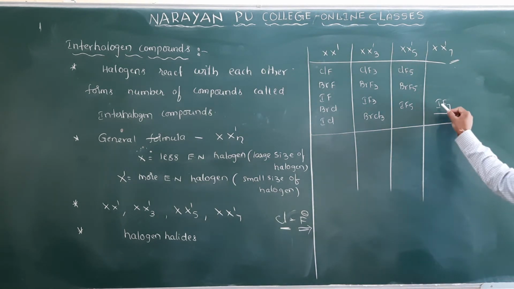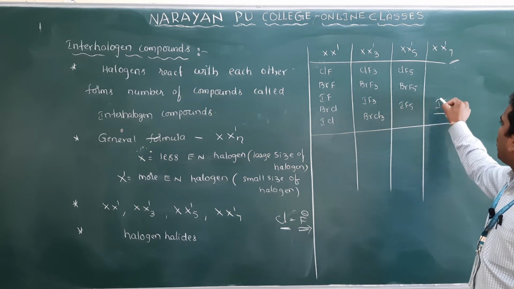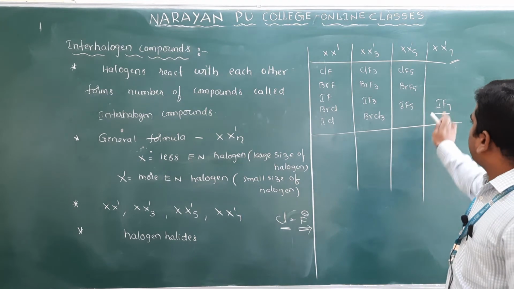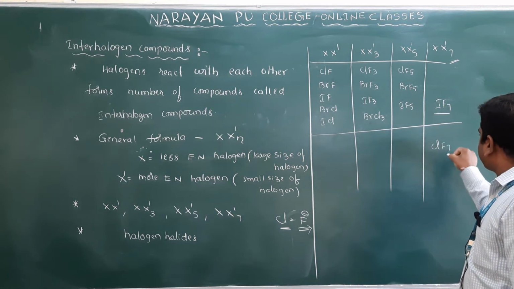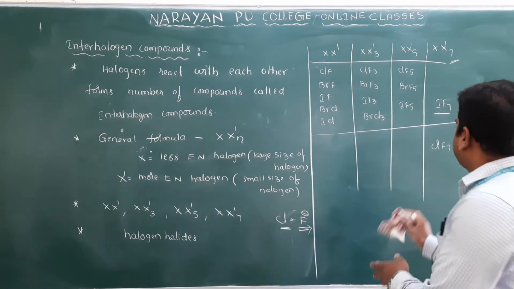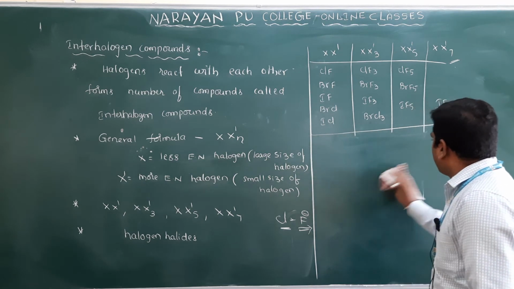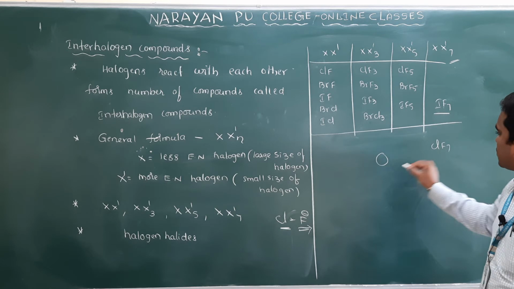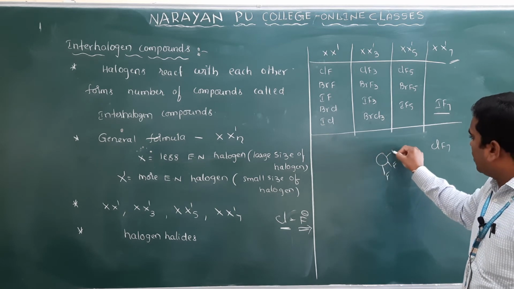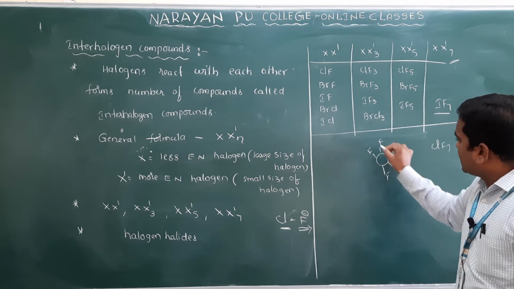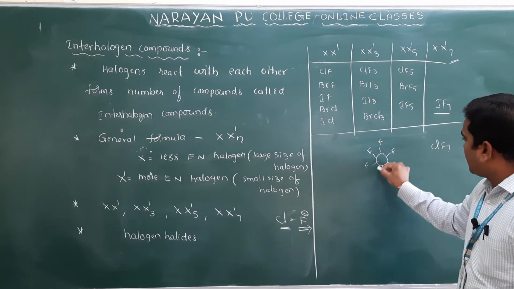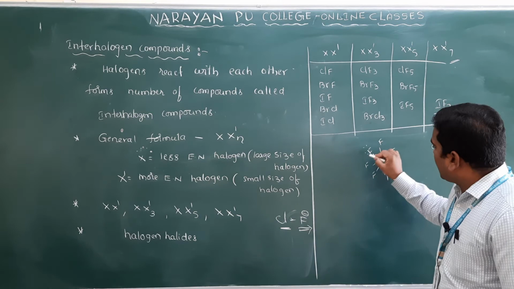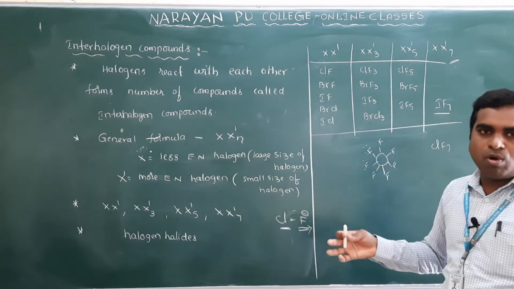Why? Because 7 fluorine atoms should be attached to the iodine. Suppose I write here ClF7, will this compound exist? No, it won't. Why? Because chlorine is small in size. It has to hold how many fluorine atoms? 7 fluorine atoms. If the size is small, then the fluorine atoms come very close together, and there will be lone pair repulsion, and the molecule will be unstable.